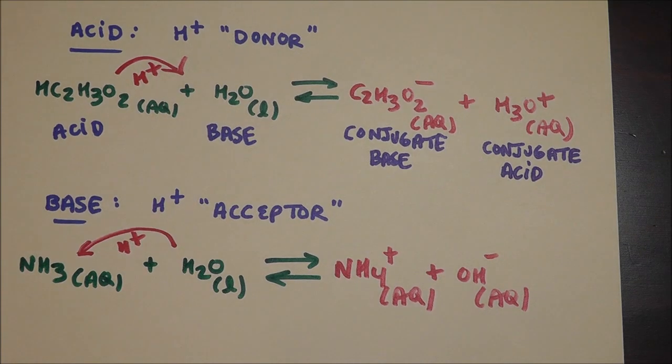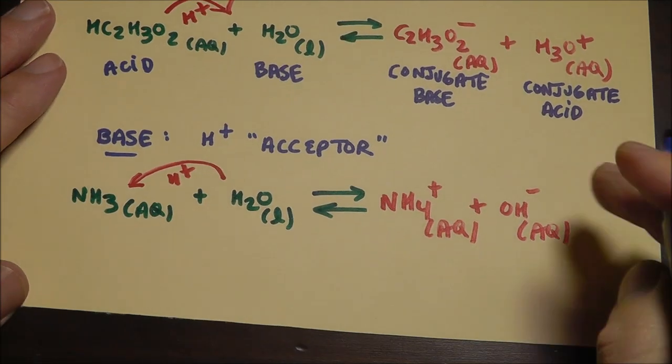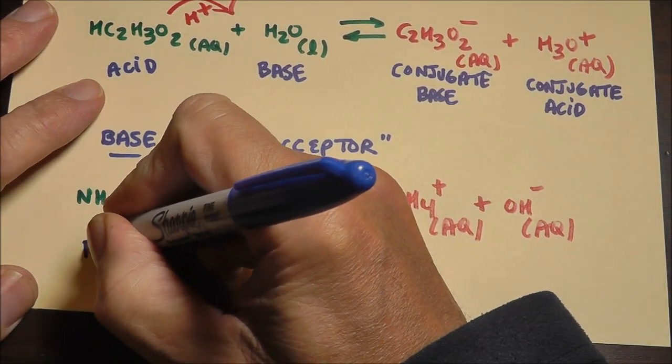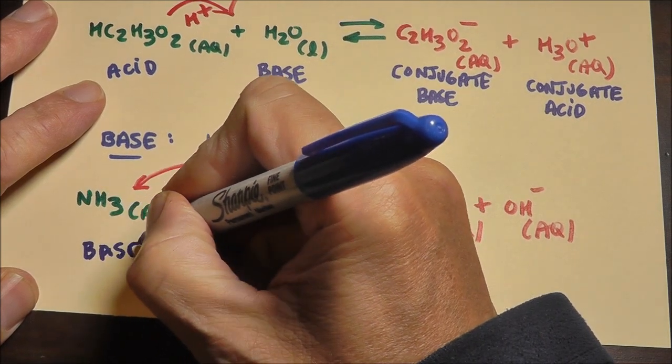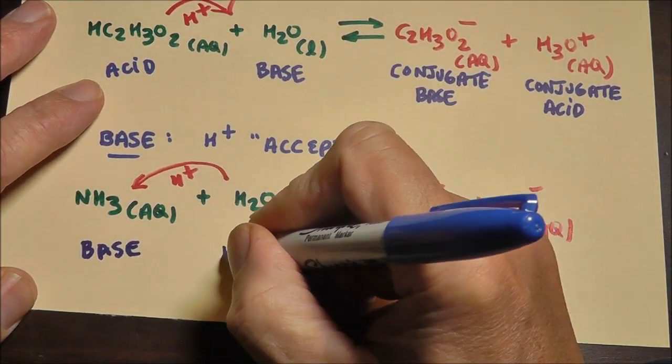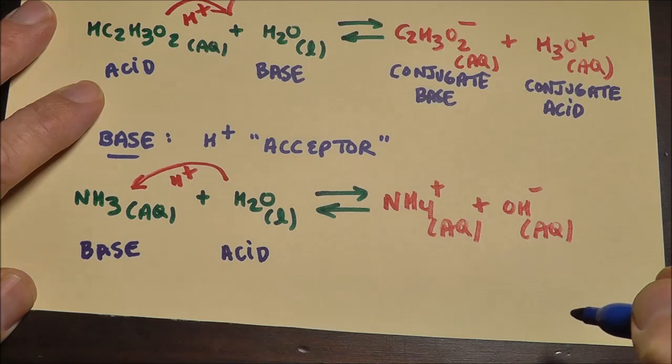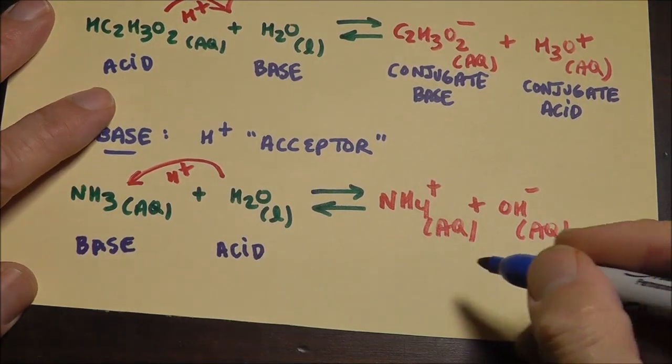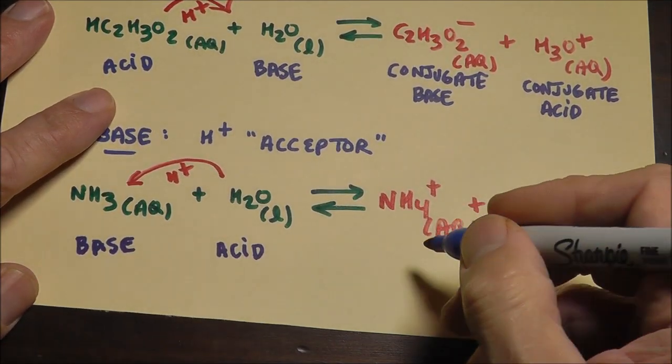And so, you put an H plus on something, you made its conjugate acid. You take an H plus off something, you made its conjugate base. Here, down here, this would be acting like a base. Here, water is acting like an acid. And in turn, ammonium ion has acquired an H plus.